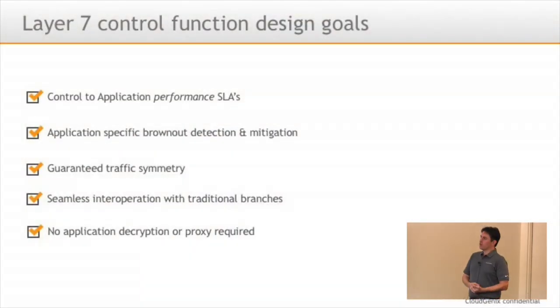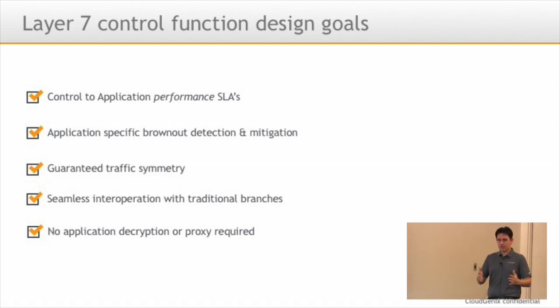So what did we want to do to be able to build this application-based path selection algorithm? One of the things we wanted to do, as we were saying earlier, is understand how things are performing on the network at an application level to be able, in our opinion, to make a good path selection based on an application. We also need to be able to see if things are browning out at an application level.